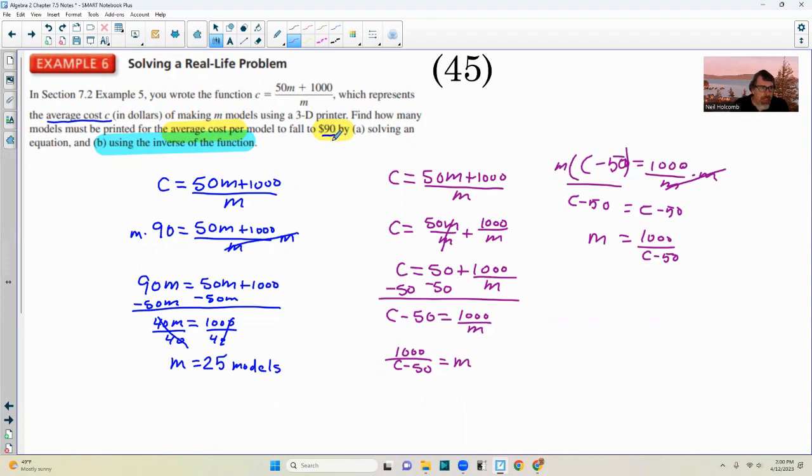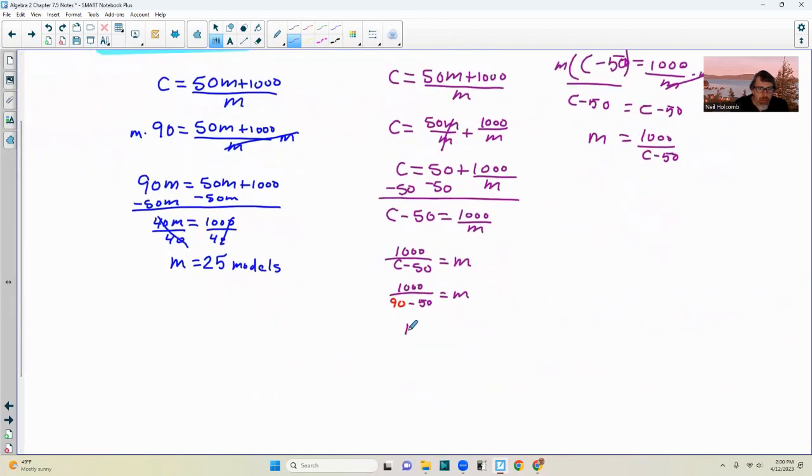Now we know that 90 is c, so we just substitute. So we say 1,000 over 90 minus 50 equals m. I changed color so you know that's what I substituted in. That becomes 1,000 divided by 40 equals m. Again, cancel, and 100 divided by 4 is 25.